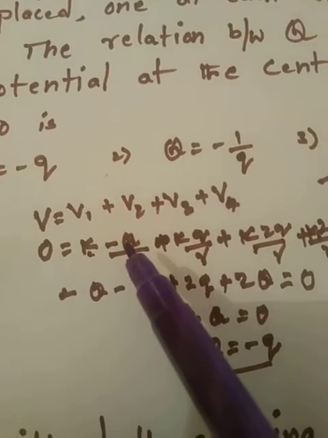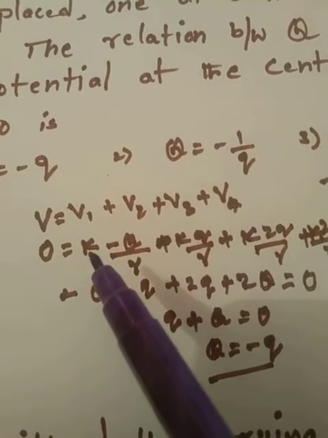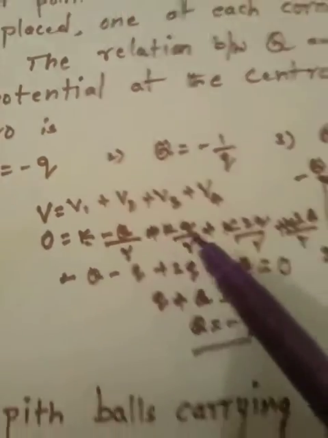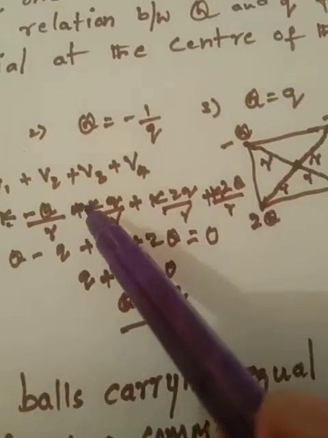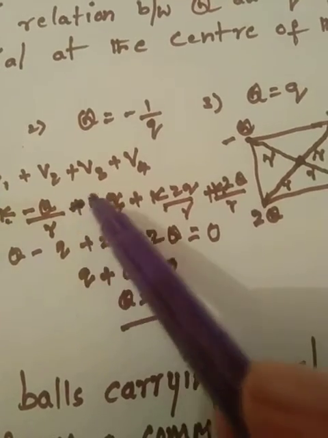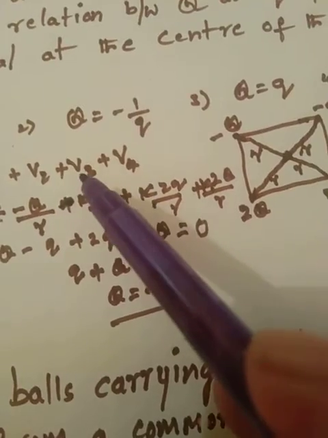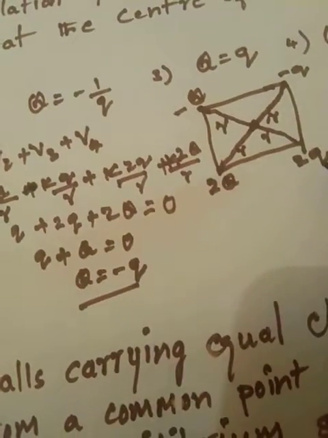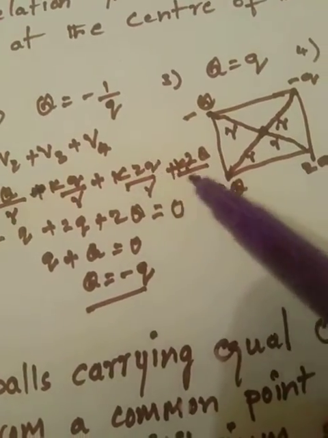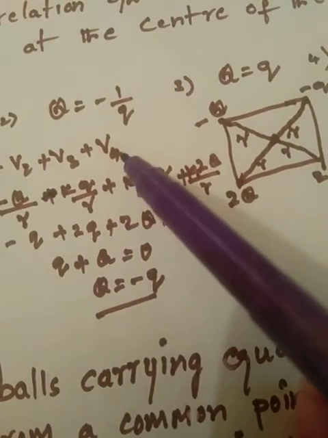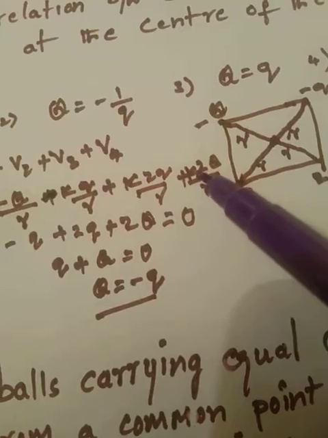Because of the minus charge, V1 will become minus kq by r, and V2 will become minus kQ by r, and because of this charge, kQ by r, and because of this charge, V4 will be k 2Q by r.